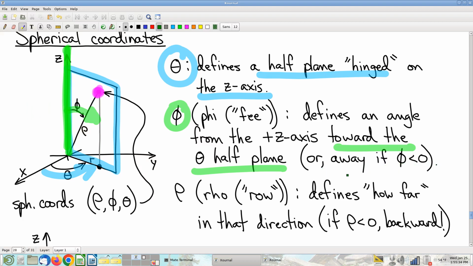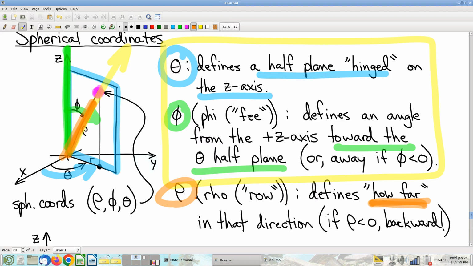Notice that between the two of them, phi and theta, that defines a direction. If you know phi and you know theta, that defines a direction emanating out of the origin, and in that direction, you can then talk about, and I'm going to have to do the usual air quotes, how far you go in that direction.